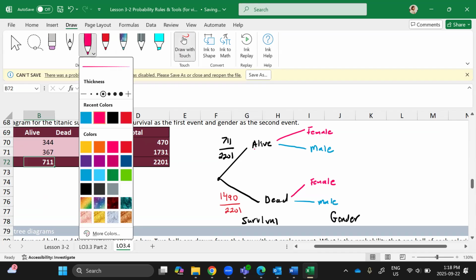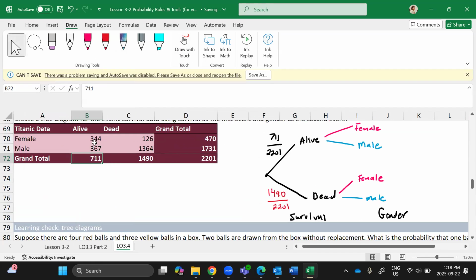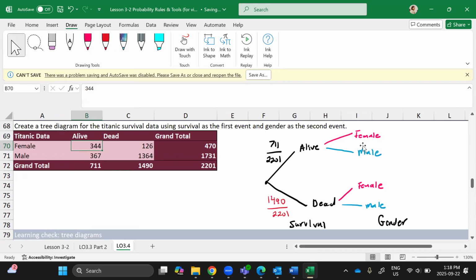Why we do that is on this branch, for those who are alive, there's 711 people alive in total. So this means you're given that they're alive to be on that branch. So if we look at the females that are alive, it's 344 out of the 711 in total. If we look at the dead, it's 126 females out of the 1,490 in total dead.